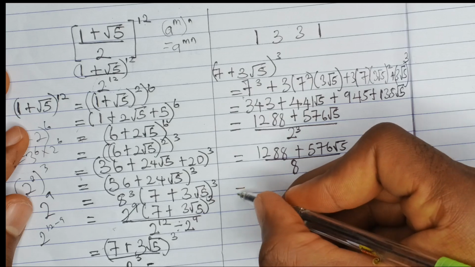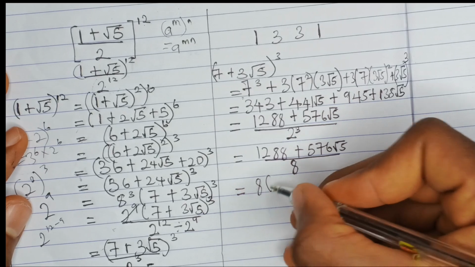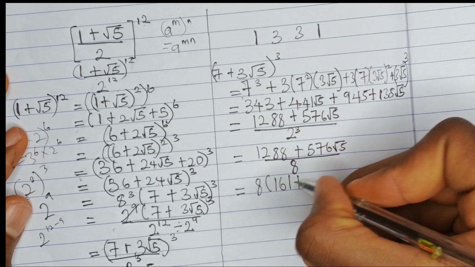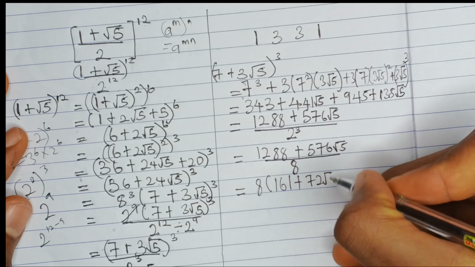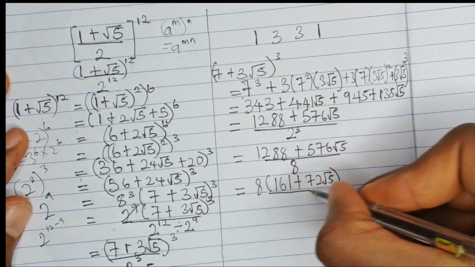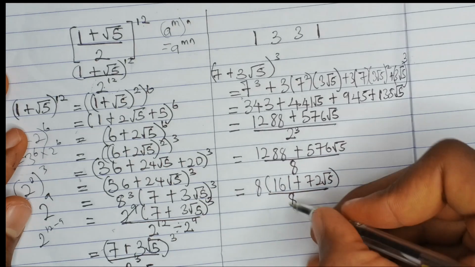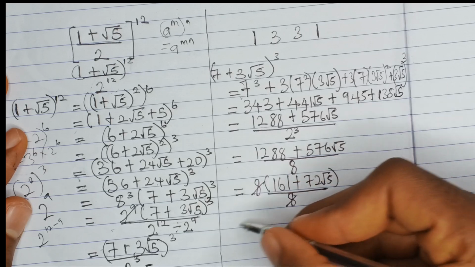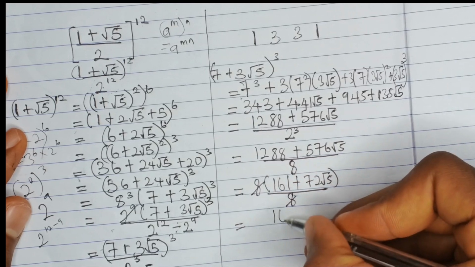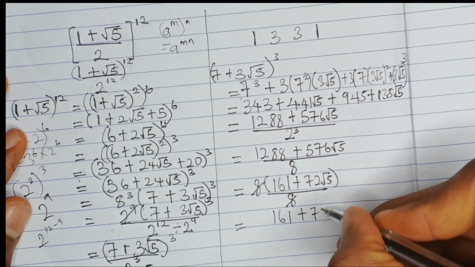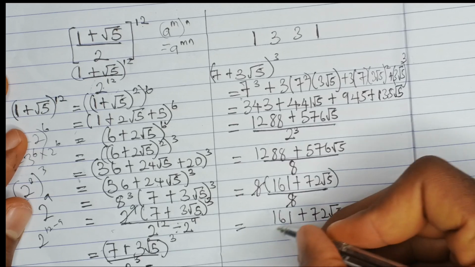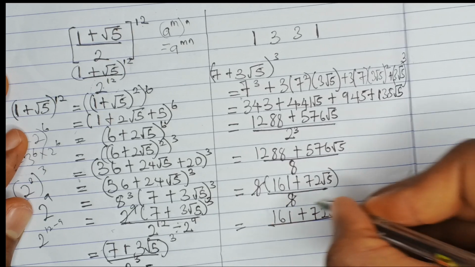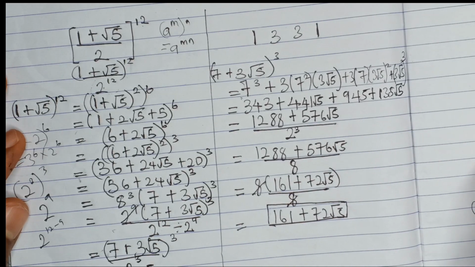Factoring out 8 from the numerator gives 8 into 161 plus 72 root 5 all over 8. Can you see that 8 will cancel 8? So we are left with 161 plus 72 root 5. And this becomes the answer to that question.